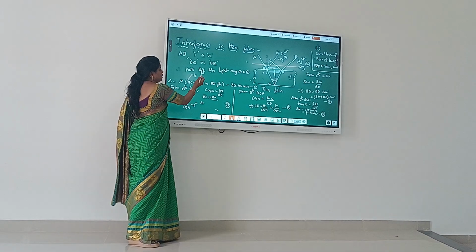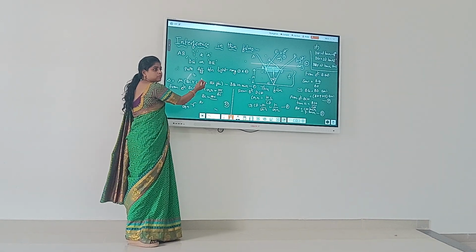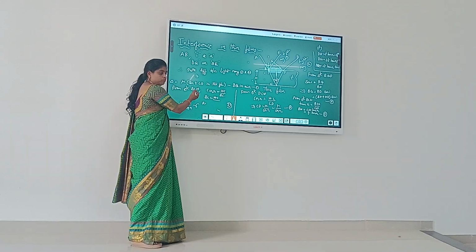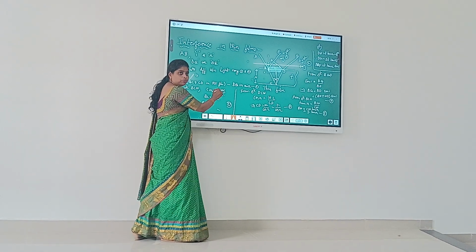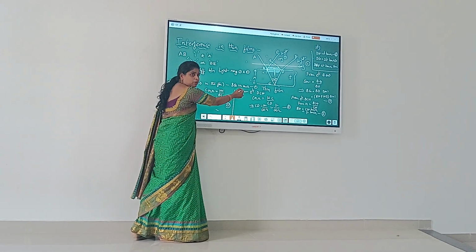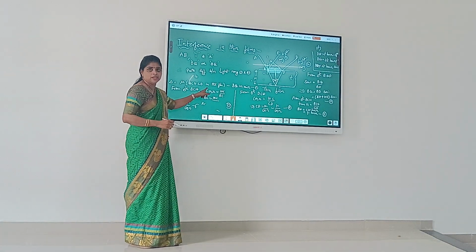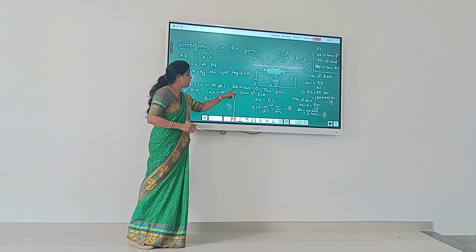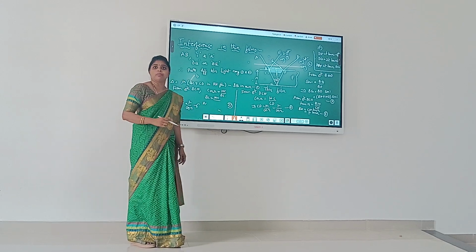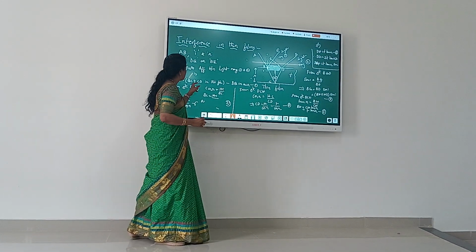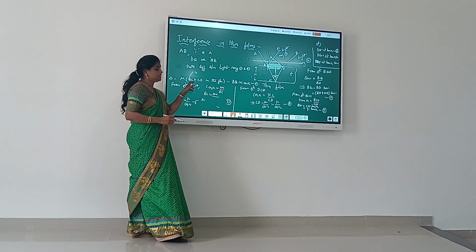So what is the path difference? In terms of refractive index mu inside the film, minus outside the film, meaning air. So mu of BC plus CD in the thin film, minus BC in air. First we calculate the BC value.